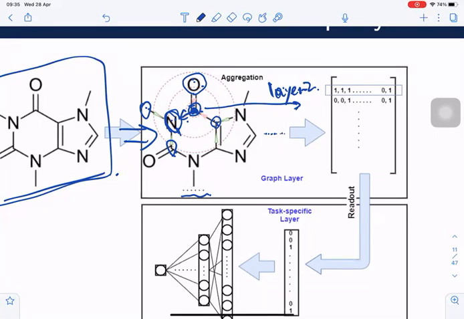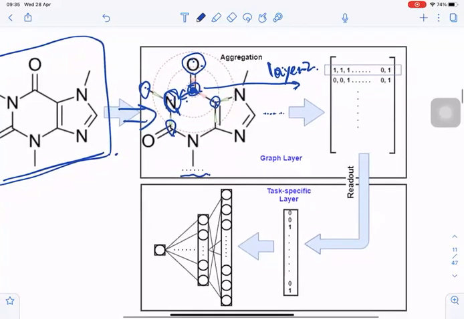After you get the representations, you definitely want to use them for various real-world downstream tasks. And generally, we need to take another step called readout. The reason I draw the readout crossing over the two parts is that the readout operation is sometimes already defined in the graph layer, and sometimes not.